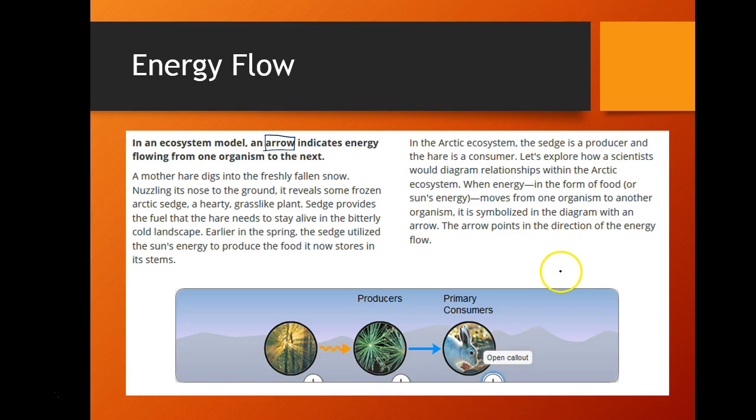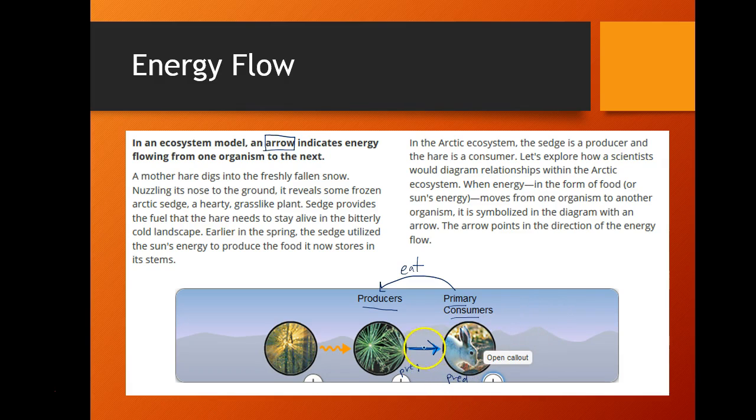So energy always flows from producers to primary consumers, and the reason why is because the primary consumers eat the producers. Okay, so we always have the arrow flowing from prey to predator.